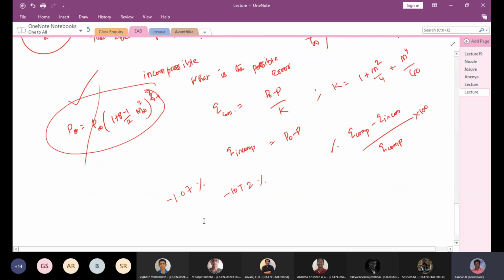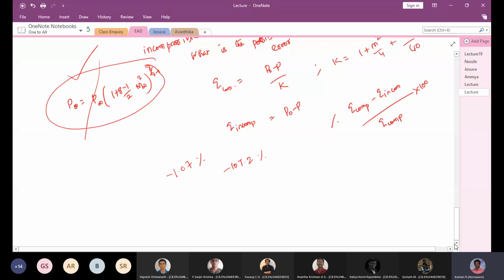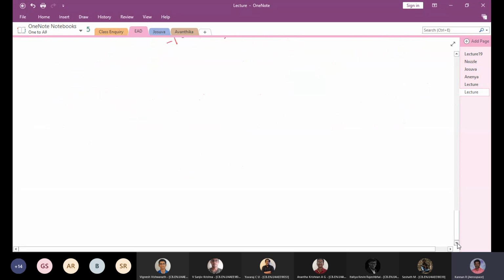Okay, now I'm going to give a task to you. You take a sea level condition. I'm going to keep a flow with M infinity as 0.3, and a case of M infinity as 2.1.